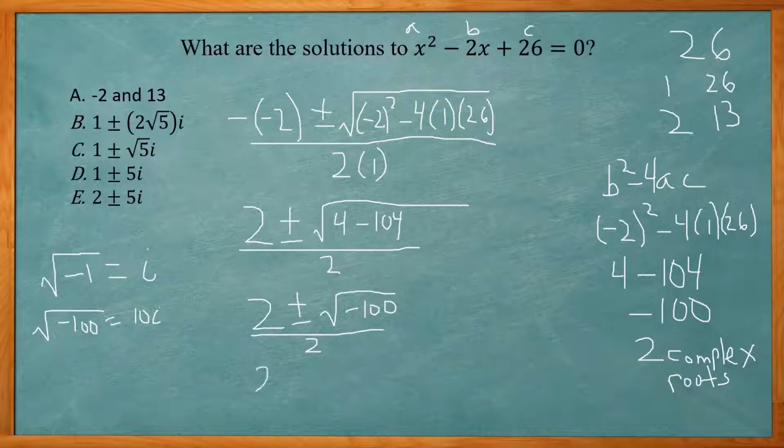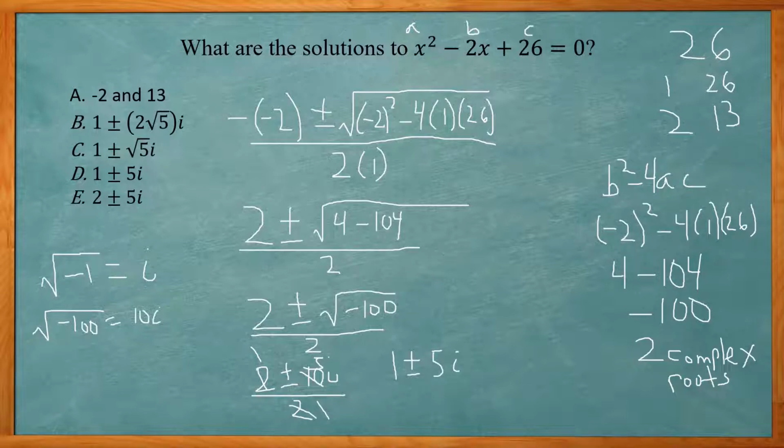So 2 plus or minus 10i over 2. Now I can reduce this because each of them are divisible by 2, so that becomes 1, that becomes 5, that becomes 1. So I'll get 1 plus or minus 5i.